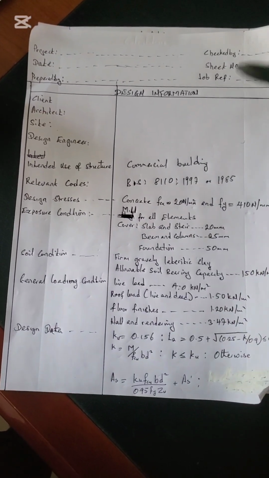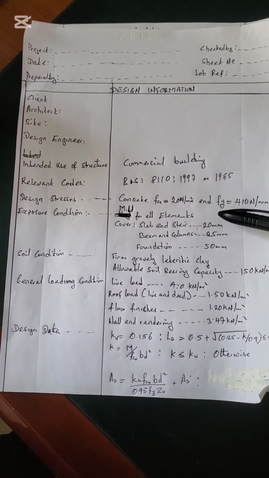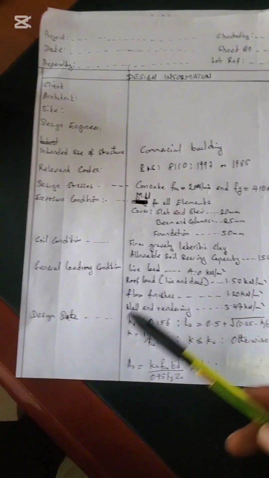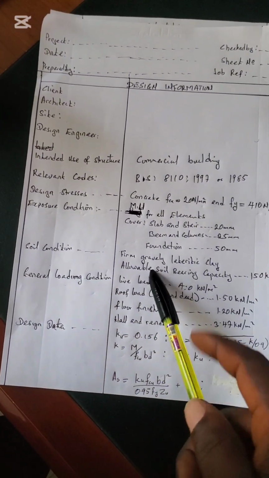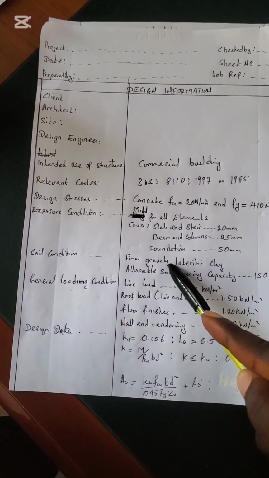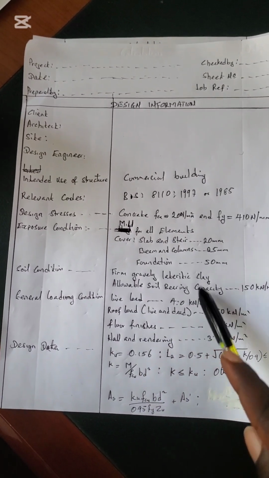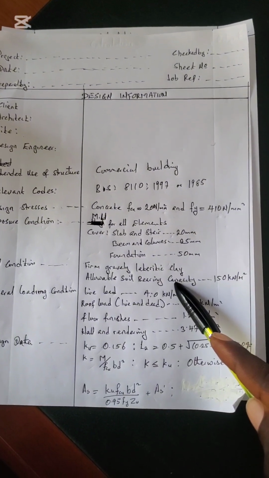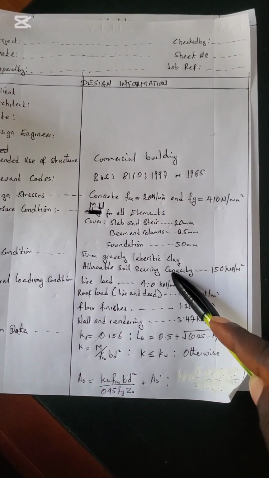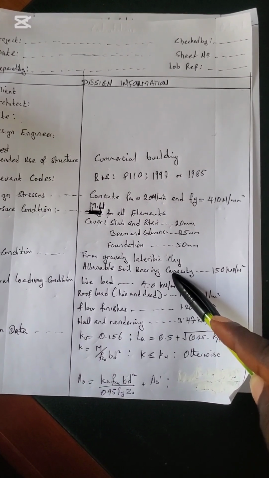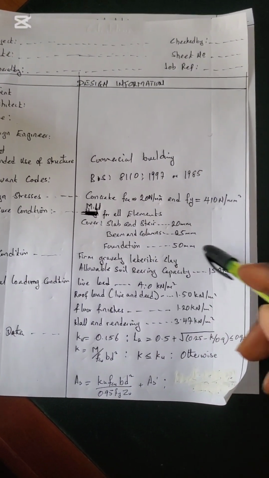These are the design information, so that when the structural engineer, the supervising engineer, comes to site, they will check all these things and then state their observations. Then there's the soil condition. In my area, the soil is firm. The geotechnical engineer visits your site, collects samples from different areas, and takes them to the lab to analyze.